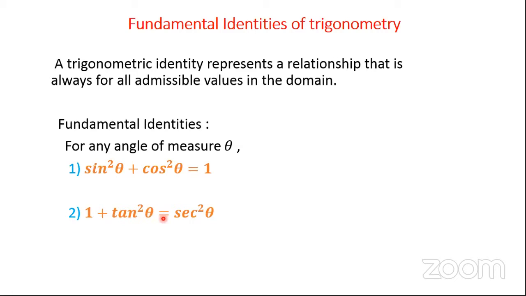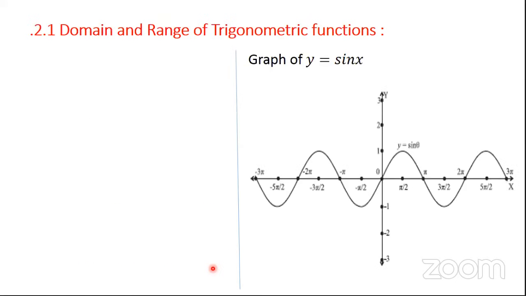And the third identity, 1 plus cot square theta is equal to cosec square theta. These three are called the fundamental identities of trigonometry. These are very important in solving trigonometric equations.